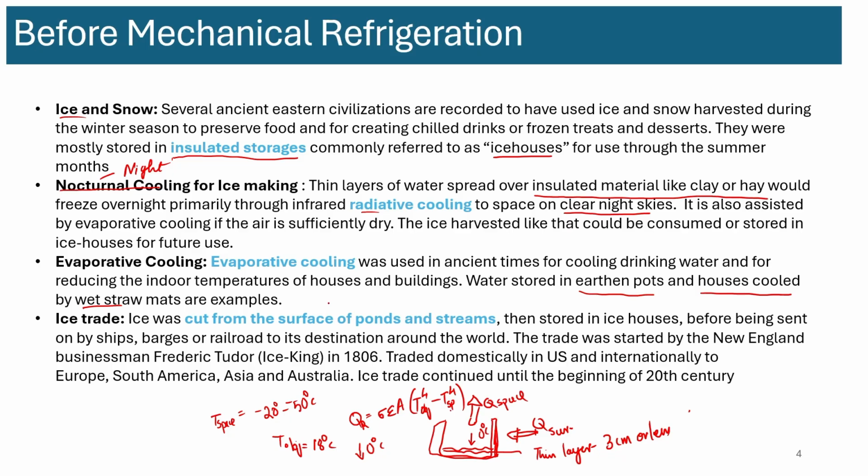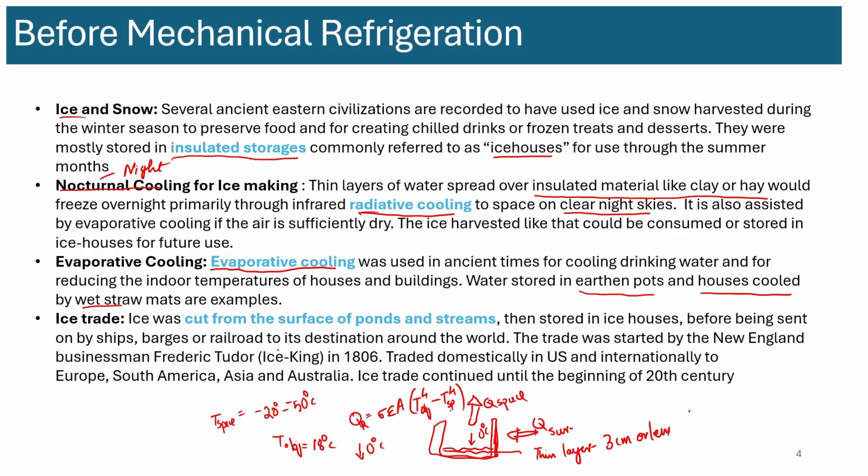As the water evaporates, it creates a little bit of evaporative cooling. We'll go into more detail on the actual science and physics in the upcoming classes, but what I wanted you to get is the scientific effects at play here: evaporative cooling, radiative cooling, and in this case, direct contact with the ice and snow using insulated storage.